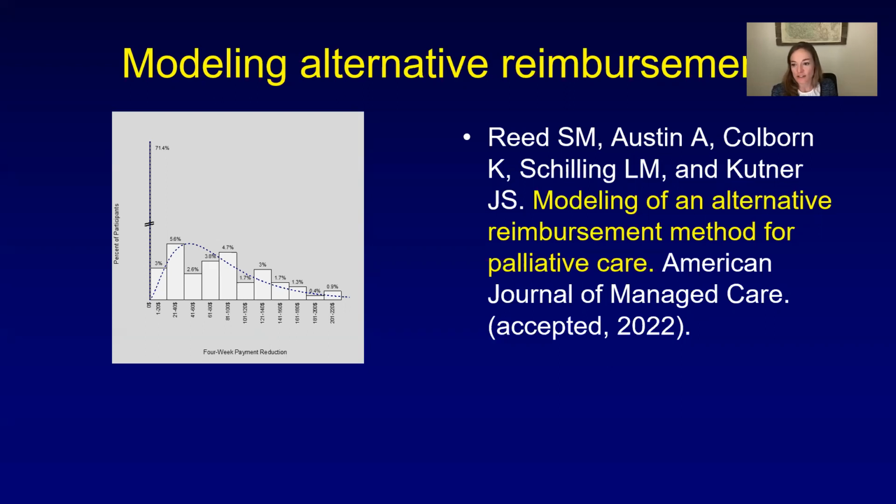So this is just an example of how you can combine different sources of data, and you don't even need to necessarily link the data, but learning from one administrative data set and applying that to another existing data set, I felt was a novel way of approaching how we might be able to, I guess, educate people who can make decisions on how we reimburse for palliative care. And this is forthcoming. It hasn't been published yet, but it will appear in the American Journal of Managed Care.